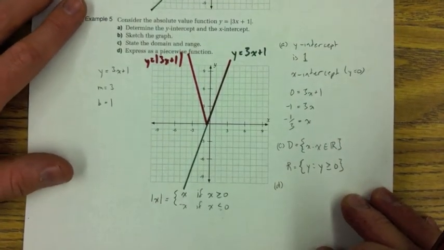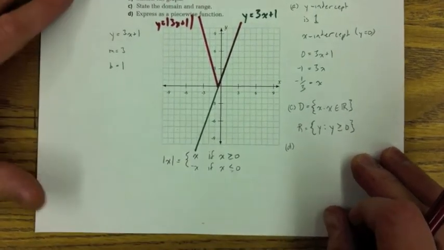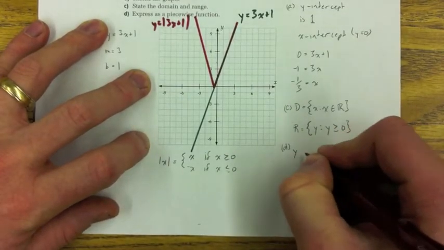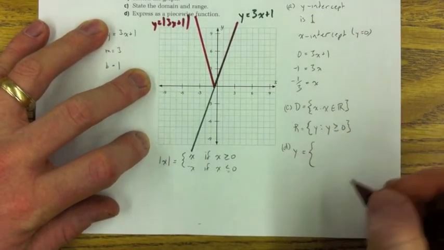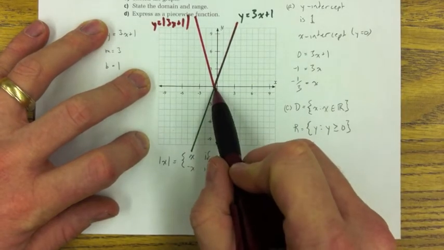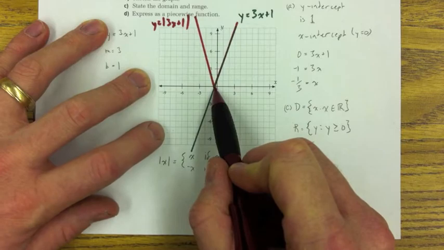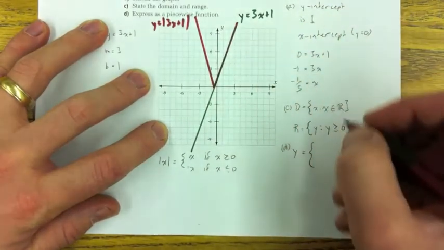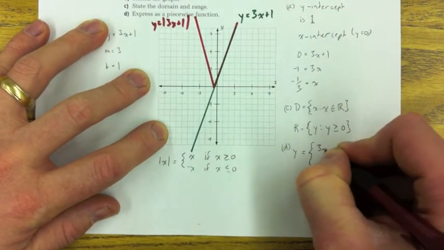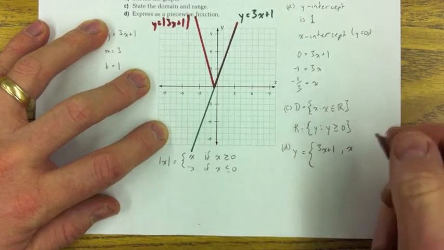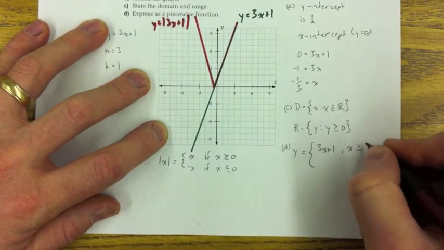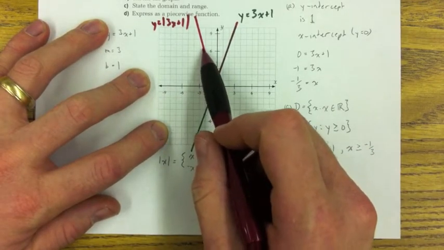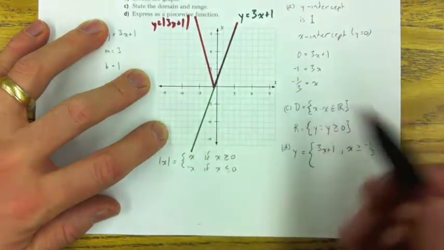Alright, let's return to y equals the absolute value of 3x plus 1. Alright, so if you notice, our definition is going to change at the x-intercept. Now, to the right of the x-intercept, we have 3x plus 1, when x is bigger than or equal to negative 1/3. We had to switch the sign for the left-hand branch.